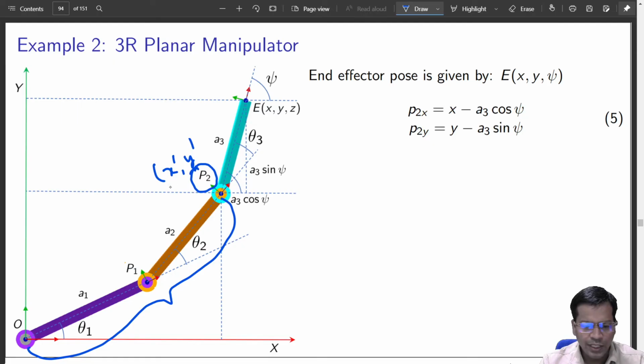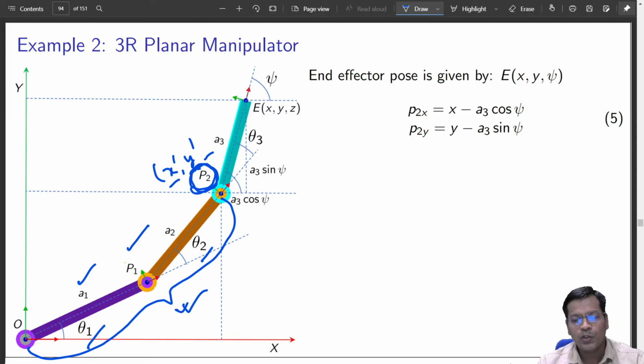So for a given x dash y dash, a1 and a2, you have solved for theta 1 and theta 2. So we'll try to get P2 first. If at all you know P2 anyhow, you are done because you already know the solution for the remaining 2 terms.